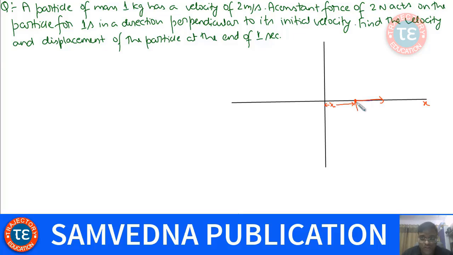Body is moving along x-axis, so the force will act on the body in y direction. It can be positive y, it can be negative y. Whatever you may take, both are correct. So suppose I take this force to be acting on the body in positive y direction. You can take it negative y also, no issue.